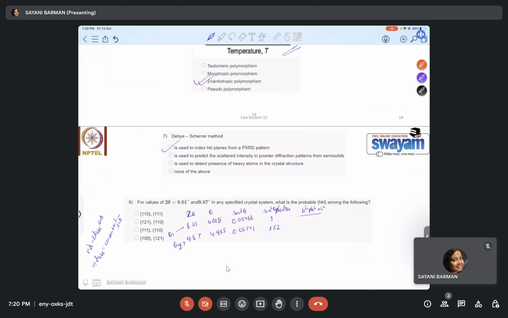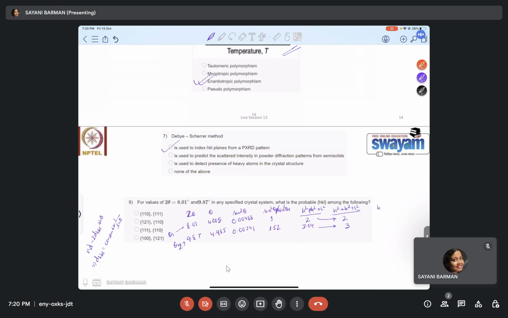So we multiply by 2, and if we multiply this by 2 also, this will be 3.04. Now the next one is 3.04. We'll take integer values, so 2 will be 2 and 3.04 will be 3.